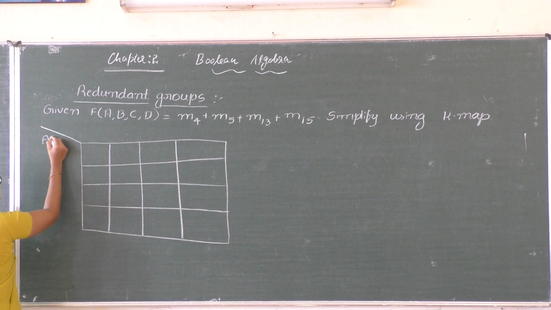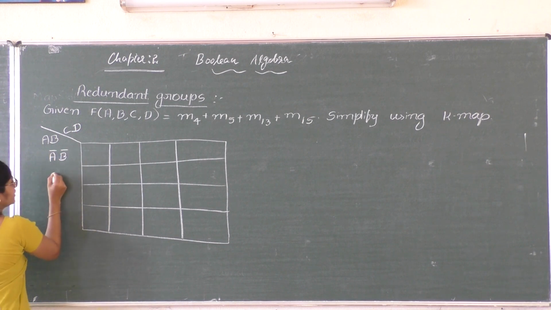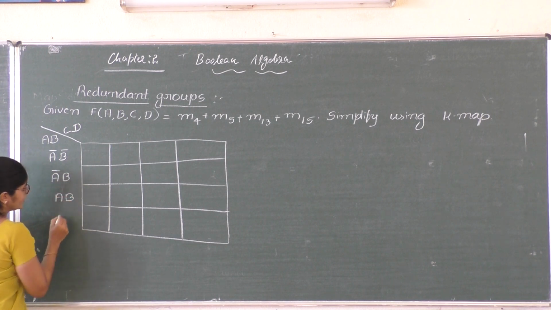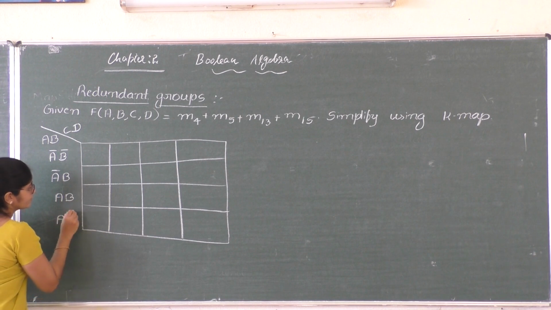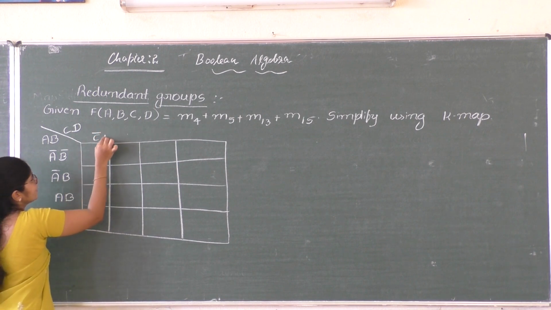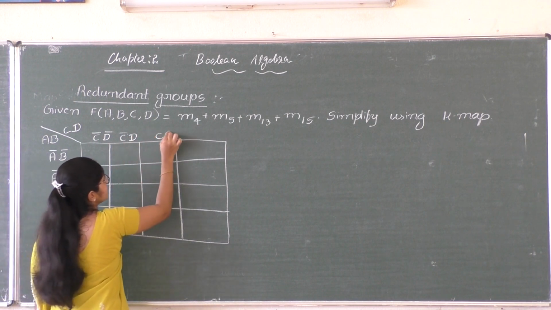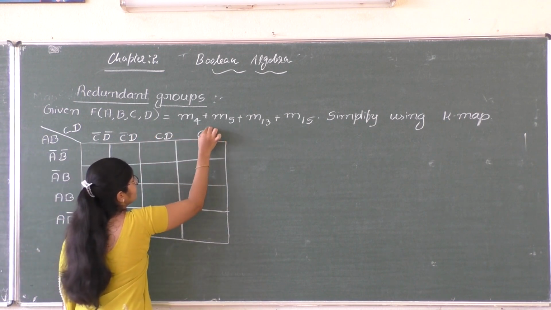Variables are A, B, C, D: A bar B bar, A bar B, A B, A B bar. Here C bar D bar, C bar D, C D, C D bar.